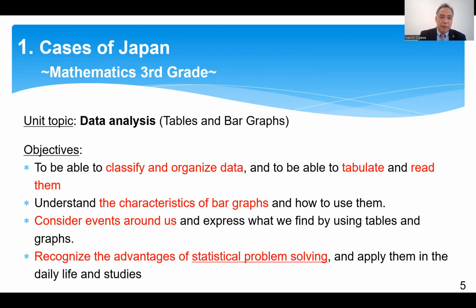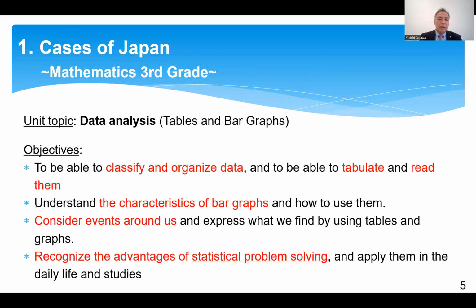The objectives of this topic: one, to be able to classify and organize data, and to be able to tabulate and read them. Number two, understand the characteristics of bar graphs and how to use them.